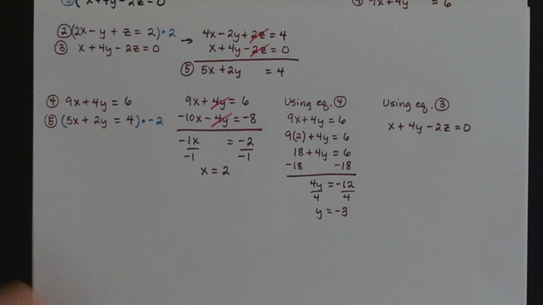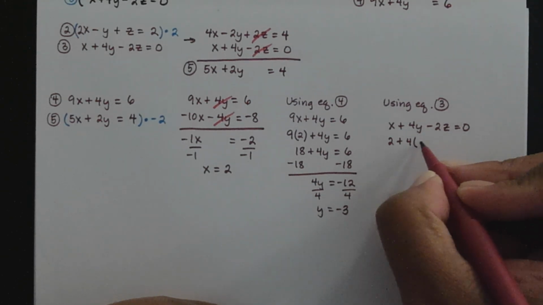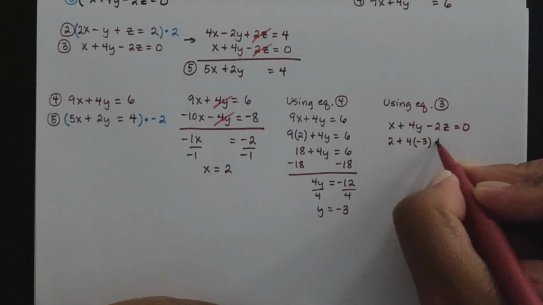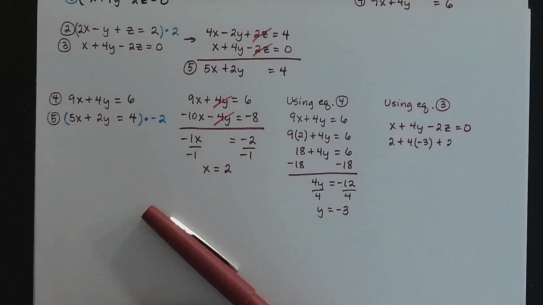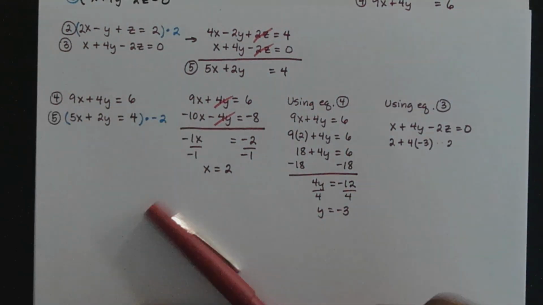So here I'm going to substitute the x with 2. So it'll be 2 plus 4 times, replace the y with negative 3, minus 2z equal to 0.